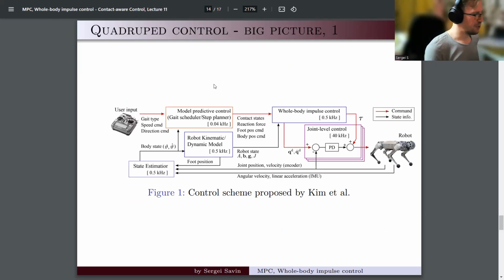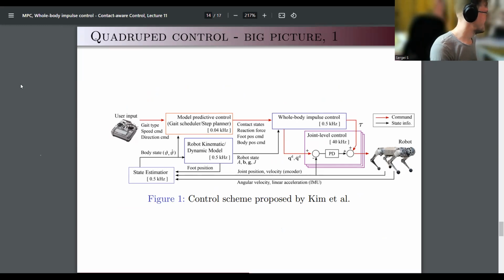Now let's look at the big picture. I hope you can see this slide well. Basically, what we saw today was model predictive control running at 40 Hertz, which was basically used to run whole body impulse control at 500 Hertz.